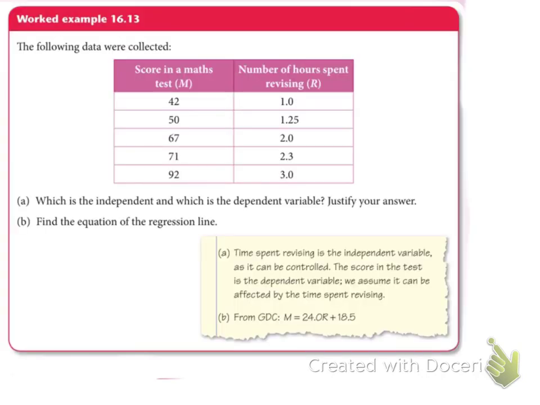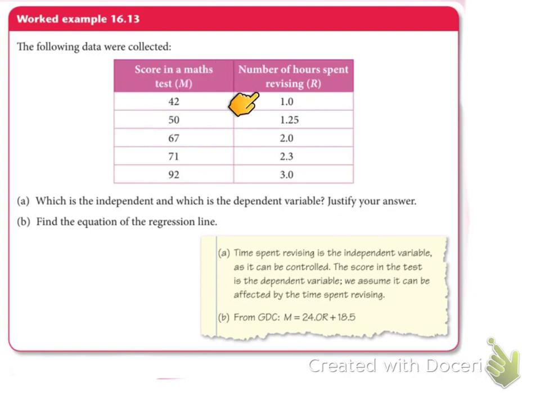So the last example here is math scores and the number of hours that you were revising, or maybe studying is what they're calling that. Which one's the independent and which one's the dependent? If you're looking at this, to me, you control the number of hours that you can revise.